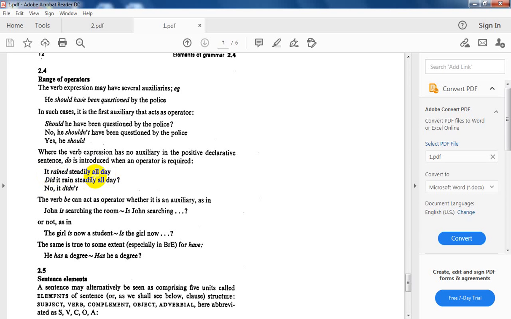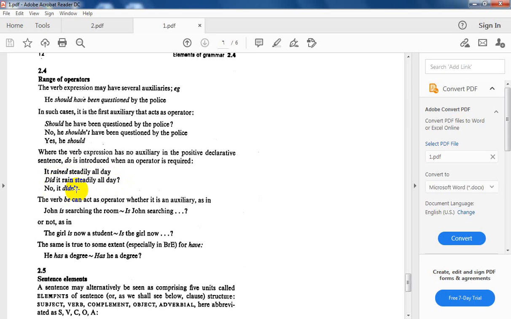In such a case, I will make use of do expressions: do, does for the present form and did for the past. The sentence here is in the past, so when I want to change it, I will make use of the auxiliary did. Did it rain steadily all day?